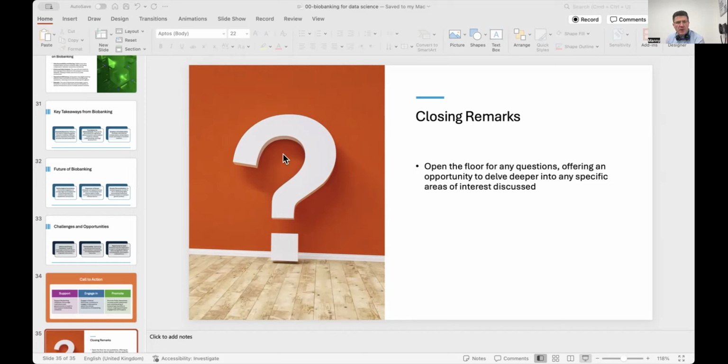How about the UK Biobank? Is it representative of the UK population? So there are more women, older age groups, and fewer people from socioeconomically deprived areas.